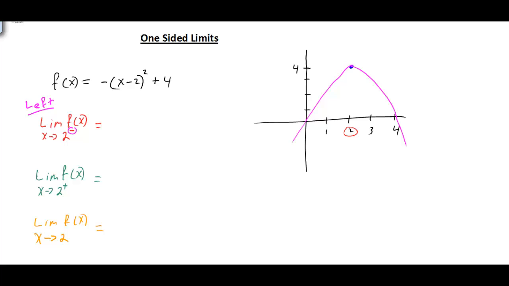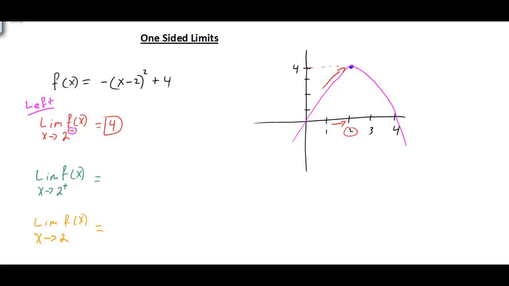So that means we're looking from the left-hand side of 2, values that are smaller than 2. If we're approaching 2 from the left, what is our y value approaching? Well, as we get closer and closer to 2, our y value is approaching 4. Okay, so that is our one-sided limit.